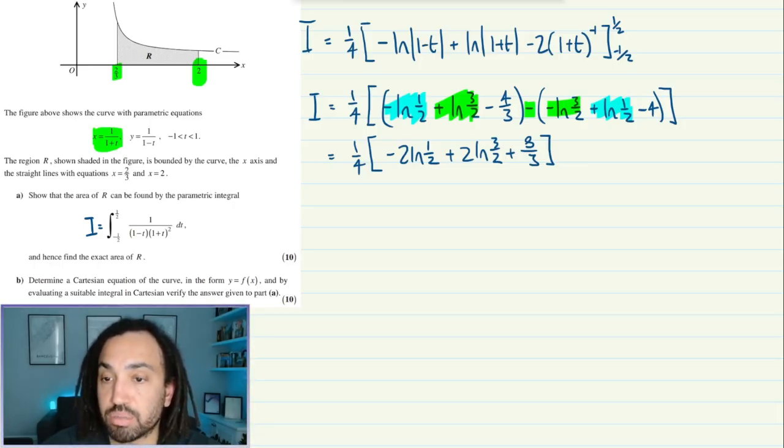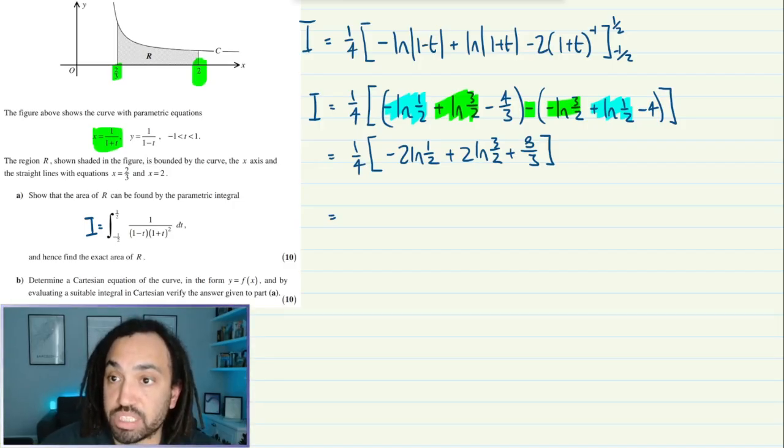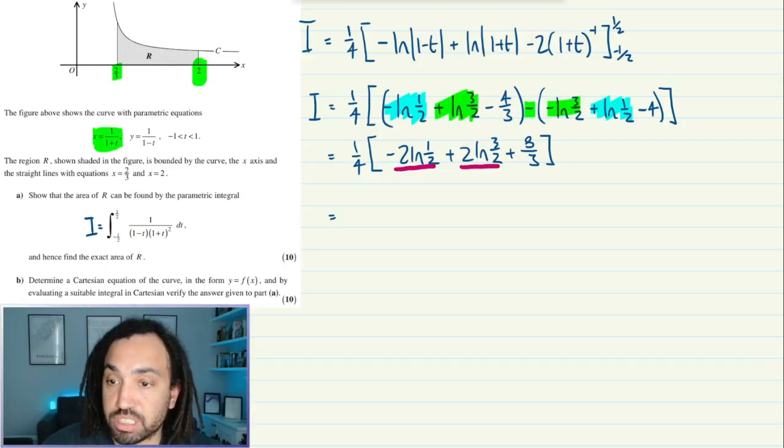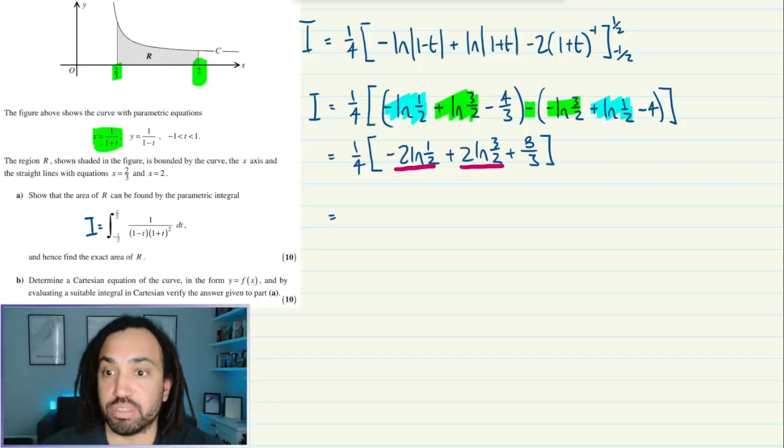And what can we do next? Yes, I mean we can multiply through by the quarter, can't we? And we can connect up these lns as well. So because we have one which is a negative, like this, and one which is a positive, we can divide the inputs.